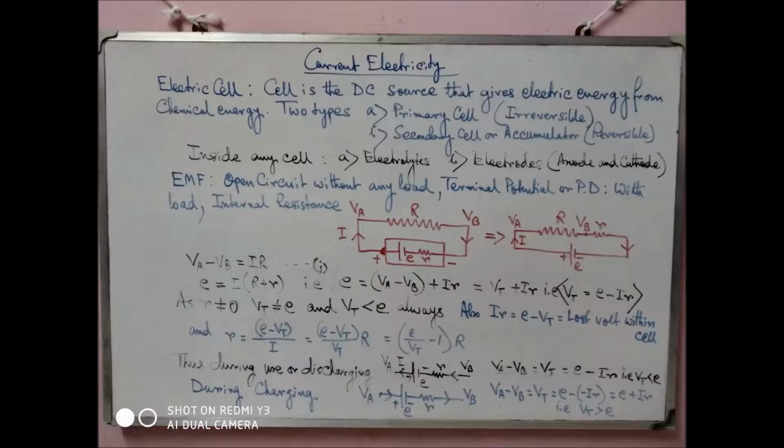That means a new thing is coming out, that during charging the terminal potential is more than the EMF of the cell, correct? So it is only possible during charging. Clear? Okay, this is all about the cell and its internal factors and the charging and discharging case.